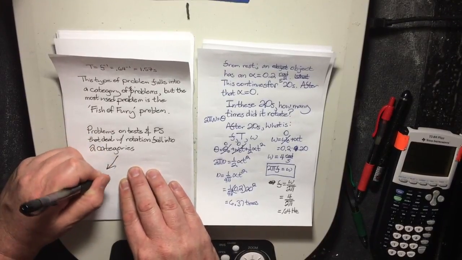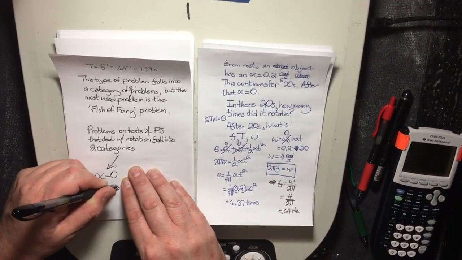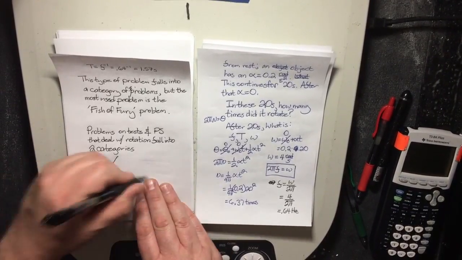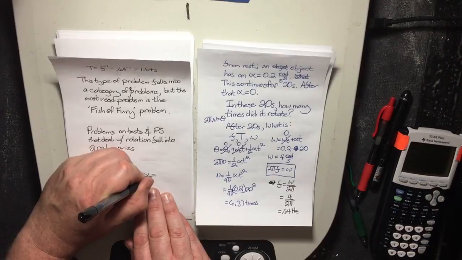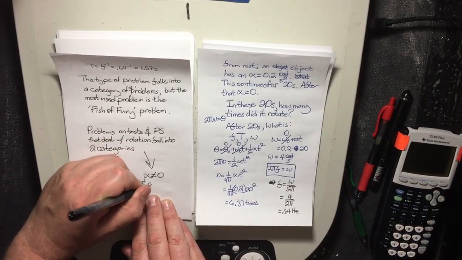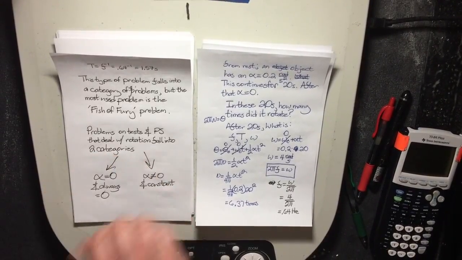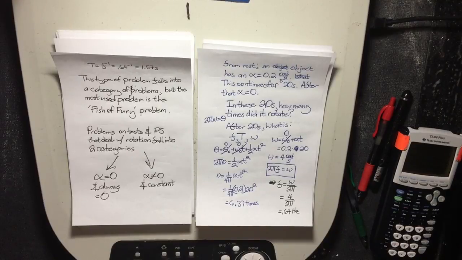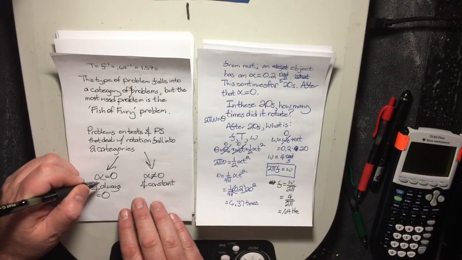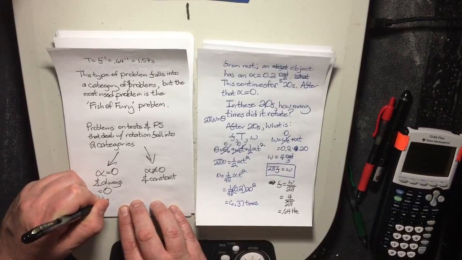One where alpha is 0 and always equal to 0, or alpha is not equal to 0 and constant. So in one case there is an angular acceleration, in the other case there isn't. The Fisher-Fury problem falls into the case of alpha equals 0.